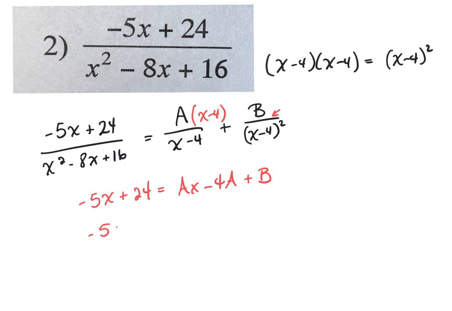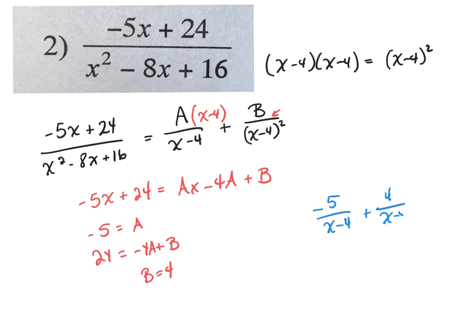So negative 5 is going to equal a, and 24 is going to equal negative 4a plus b. So then b is going to equal 4 when you solve that. Plug a in. And once again, you just go back up here and plug them in. A is negative 5. B is 4. And you are done.